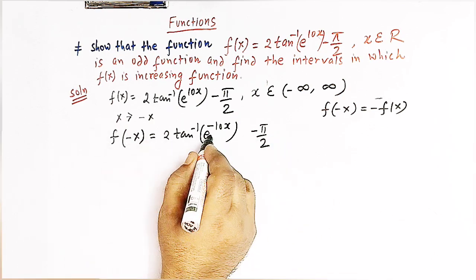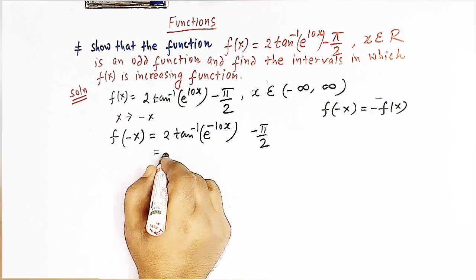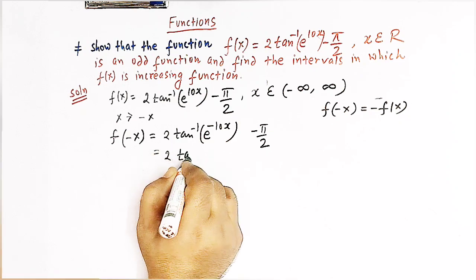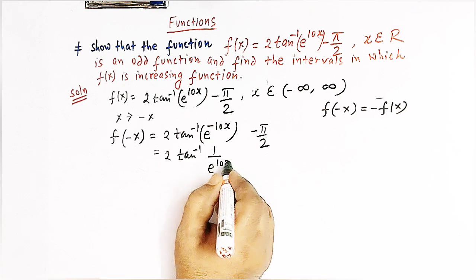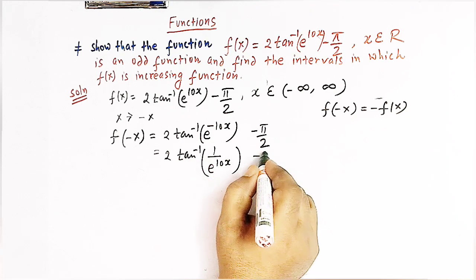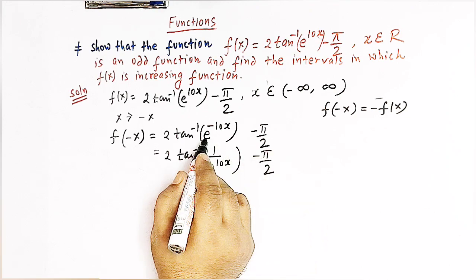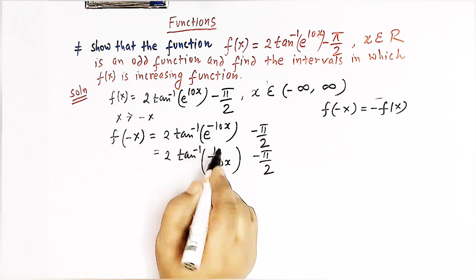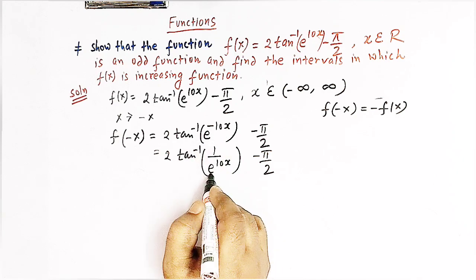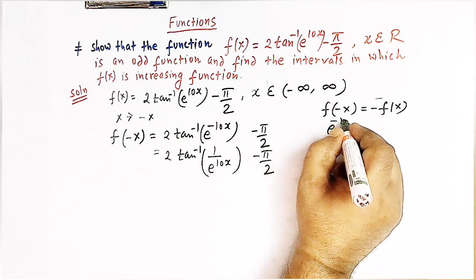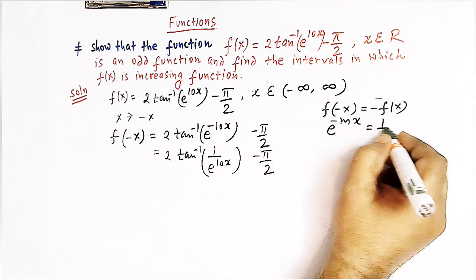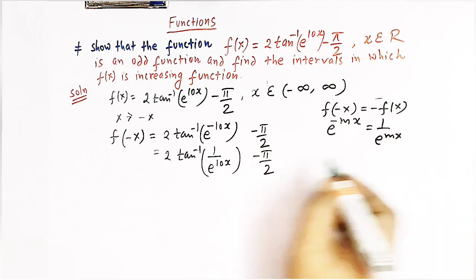Now see, here we can write 2 times tan inverse 1 over e raised to 10x minus pi by 2. So e raised to minus 10x can be written like this, 1 over e raised to 10x, because we know that e raised to minus mx is equal to 1 over e raised to mx.